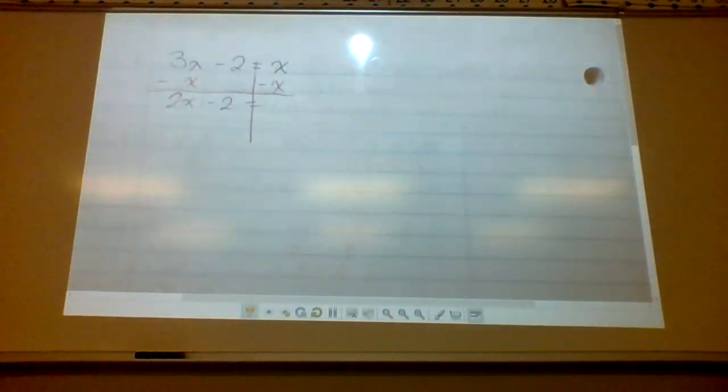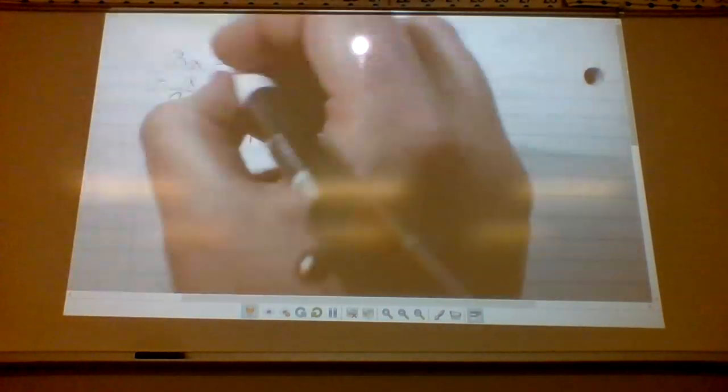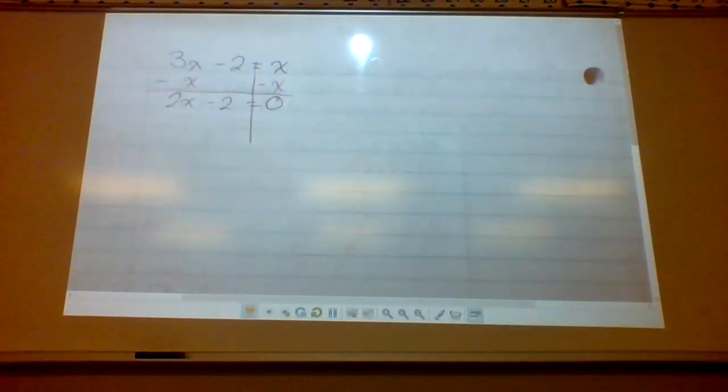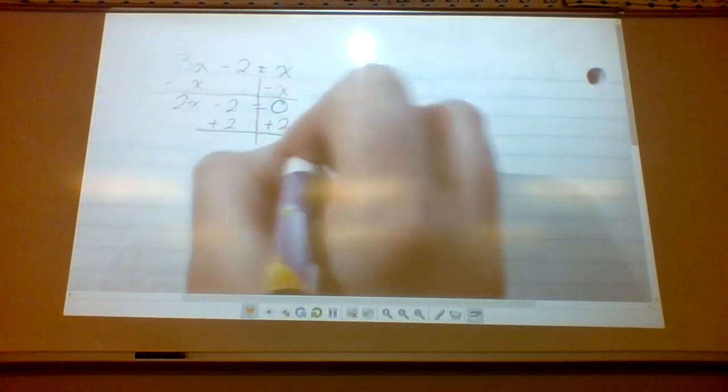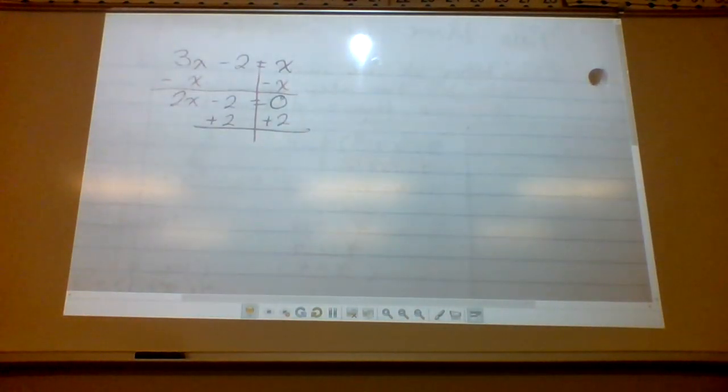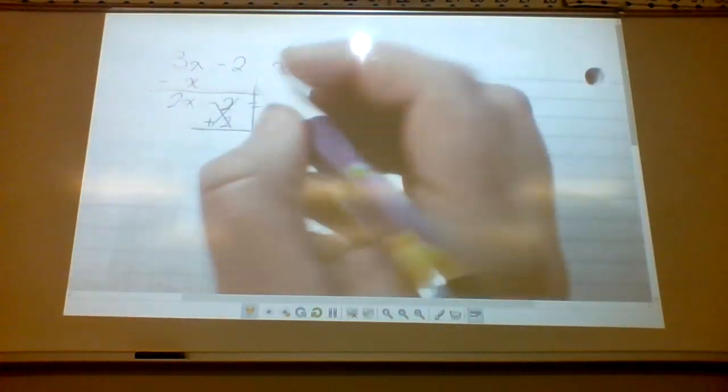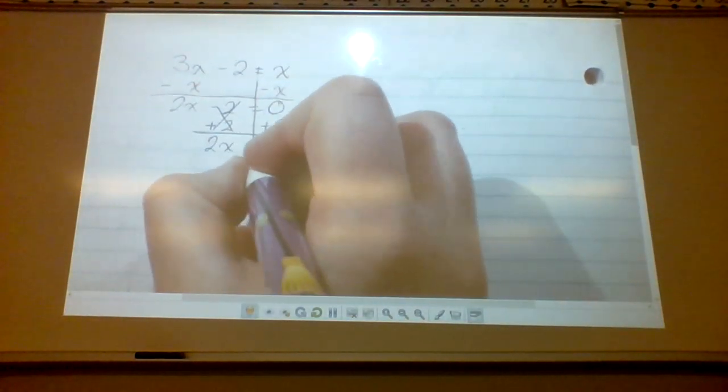What is x minus x? 0. Now, where is your variable? On the left. What operation do you see? Subtraction. What's the inverse? Addition. So add 2 to both sides. These can cancel out, and you have 2x equals 2.